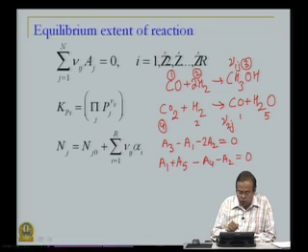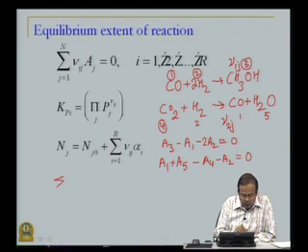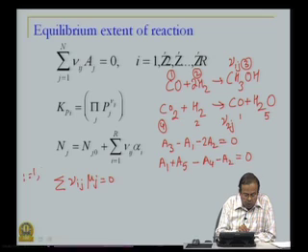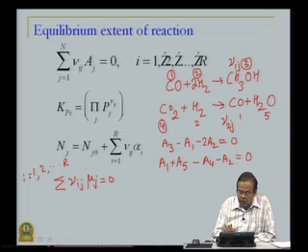So, if these reactions are at equilibrium, then the equilibrium condition is summation nu ij mu j equal to 0 for all these reactions, i going from 1, 2 up to R. Let us try to write down the equilibrium condition for the first reaction.